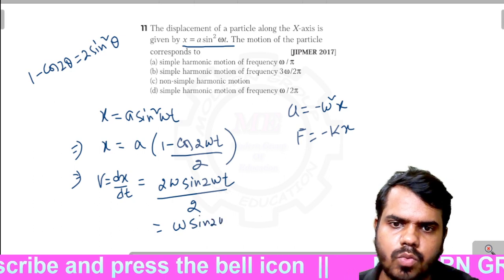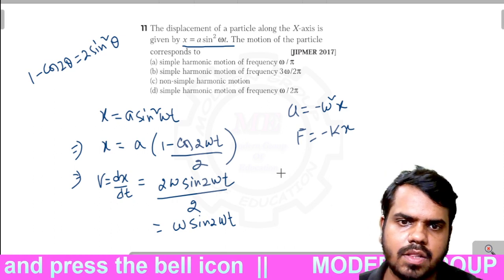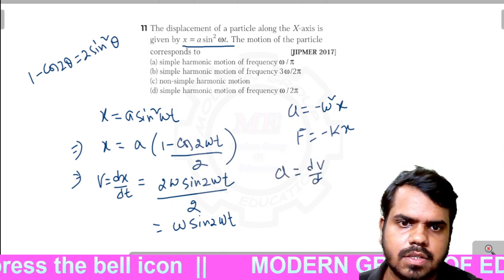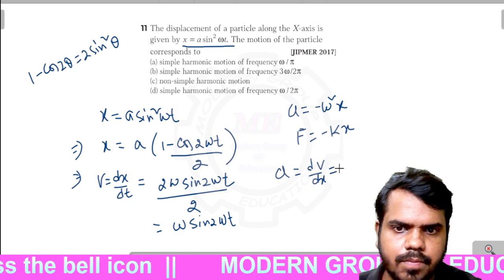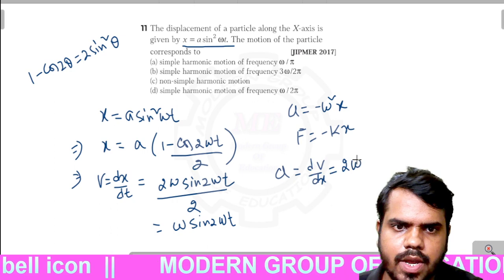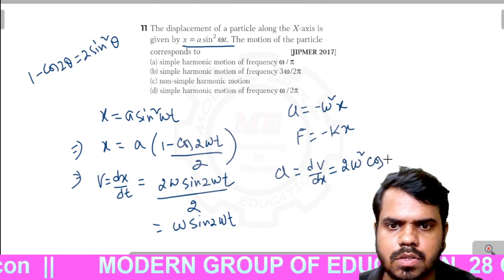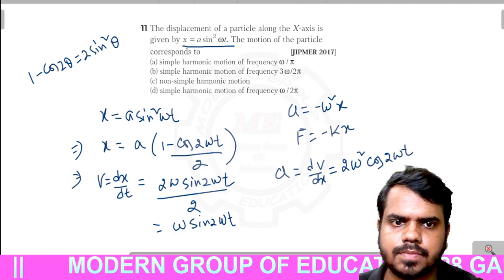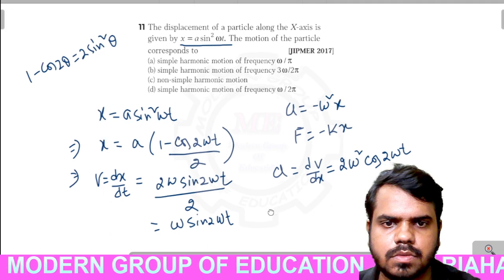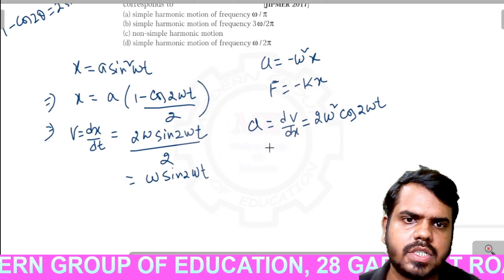This is the value of v. Now again differentiate, dv by dt, and the value will be 2 omega square cos 2 omega t. This is the acceleration equation.